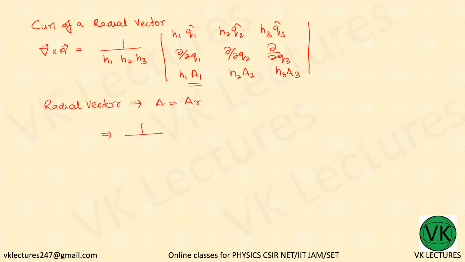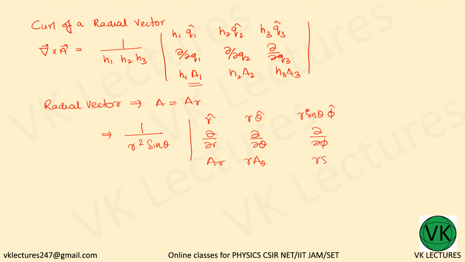In spherical coordinates, h1 h2 h3 gives r square sine theta, so we have 1 by r square sine theta times the determinant with r cap, r theta cap, r sine theta phi cap; dou by dou r, dou by dou theta, dou by dou phi; A_R, r times A theta, r sine theta times A phi.